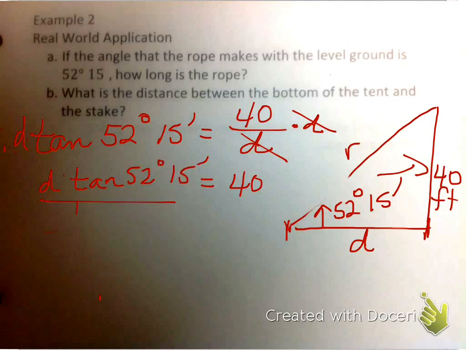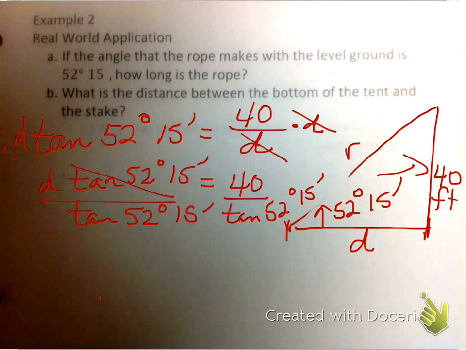So I'm going to divide by the tangent of 52 degrees and 15 minutes on both sides. And now D is by itself. That cancels. D is equal to 40 over the tangent of 52 degrees and 15 minutes.